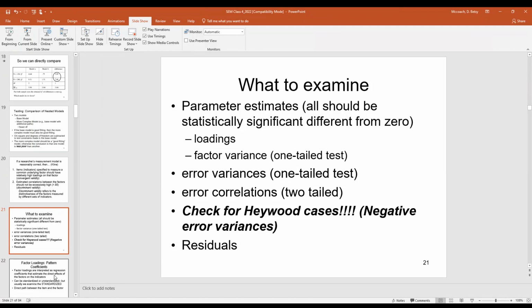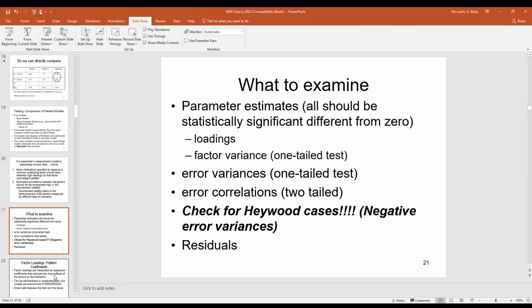So why would I want my error variances to be statistically significantly different from 0? I said why I would want my factor variance to be statistically significant, but this is error. So why do I want to have statistically significant error in each of my indicators? Flip that question on its head and say, what would it mean if you didn't have error in one of your indicators?